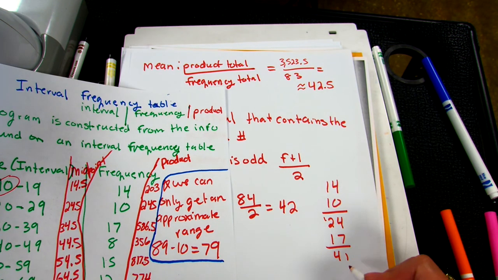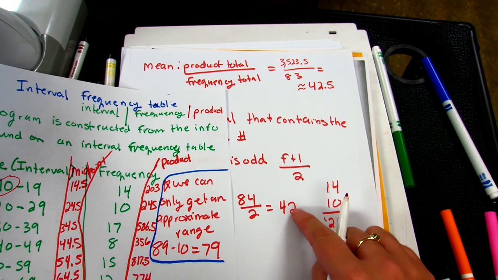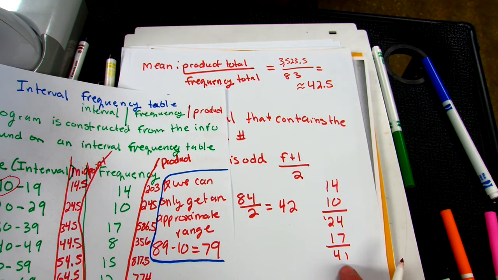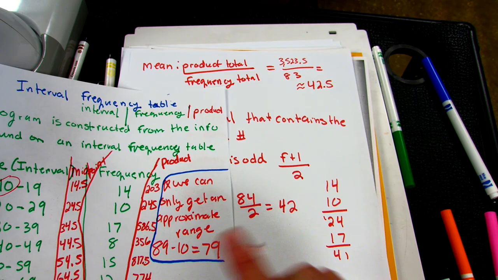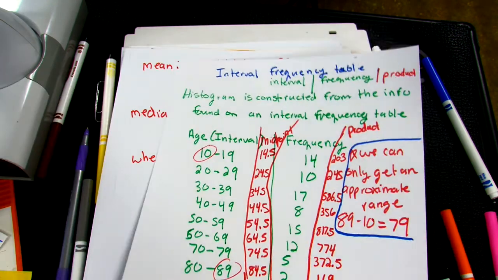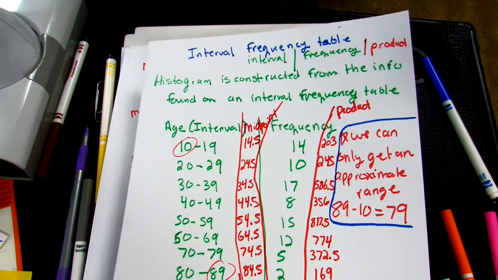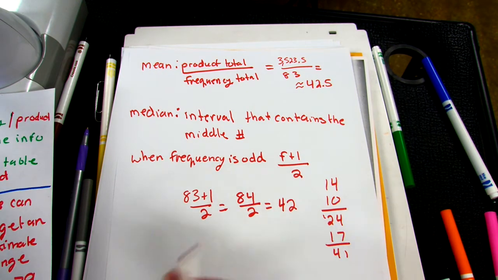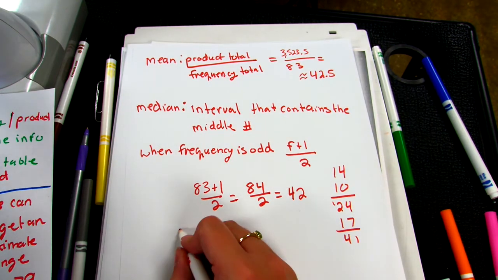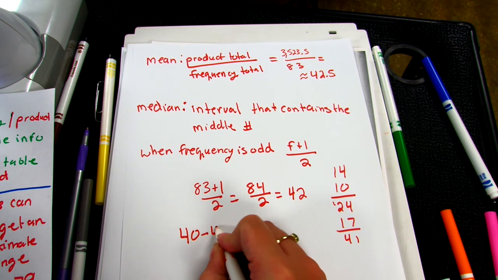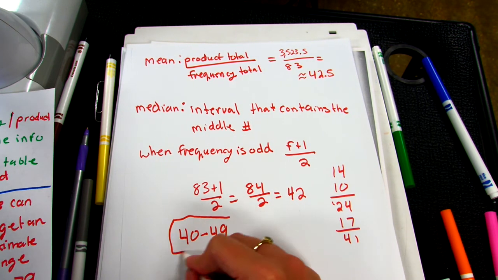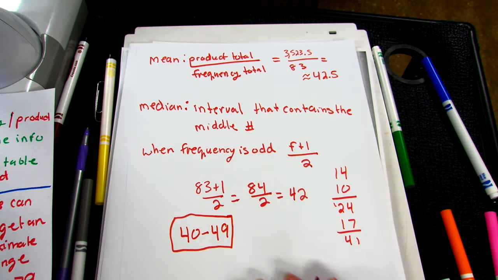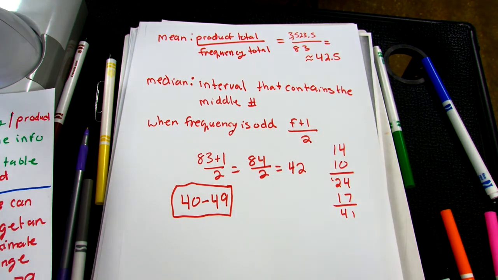That's 41. We're super close, but remember, we're looking for 42, okay? So that means that we're looking for the fourth interval. And the fourth interval is 40 to 49, okay? Which means that our median is 40 to 49, because that is where the 42nd number lies, which is the median for this data.